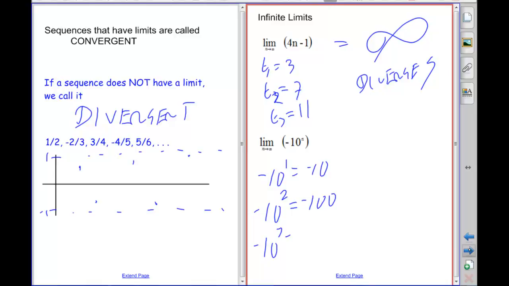Negative 10 cubed is negative 1,000. So this is negative infinity for this one. What if I put negative 10 in a quantity to the n? Then it's diverging. And this isn't really considered a limit. We're just taking what the process is heading toward.